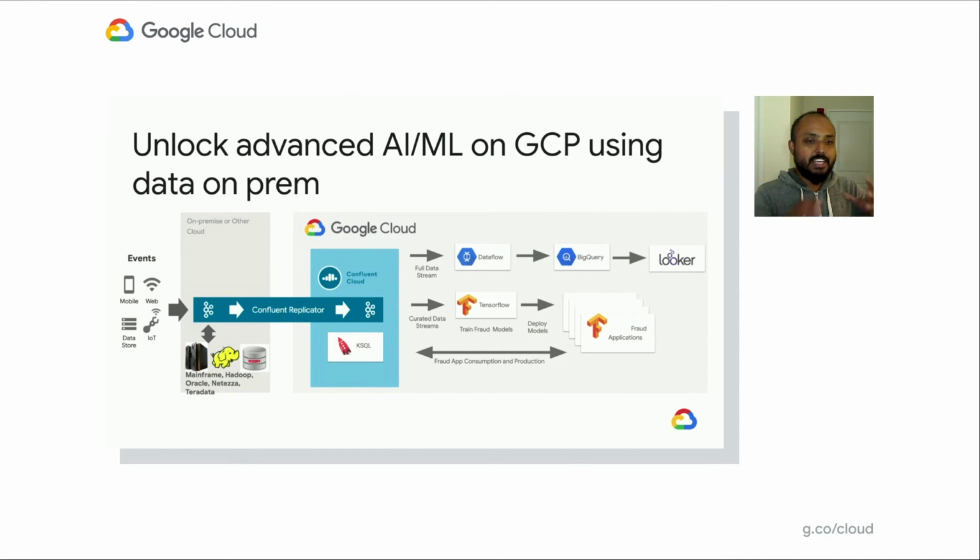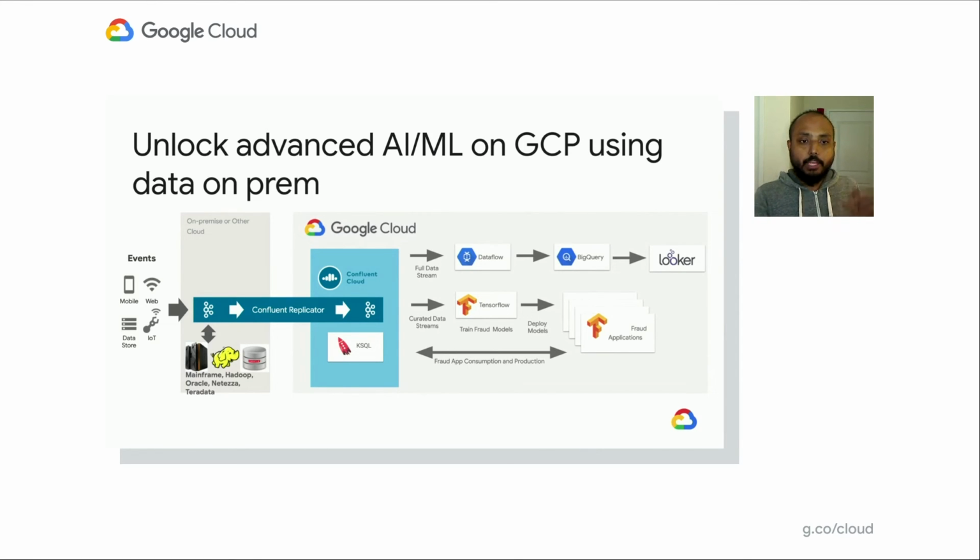But they had tremendous data gravity on-prem, with a lot of data in mainframes, Hadoop, Oracle, Teradata, etc. Plus, they had a whole bunch of data constantly coming in from stores, mobile devices, and web. Thankfully, they were already using Kafka as a message broker on-prem to communicate across all these disparate systems.